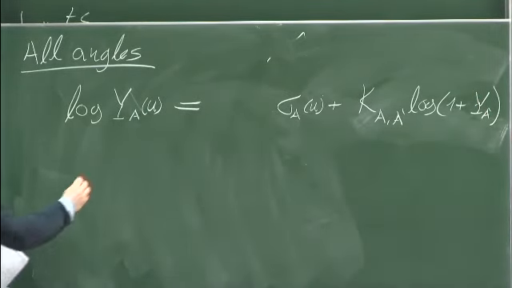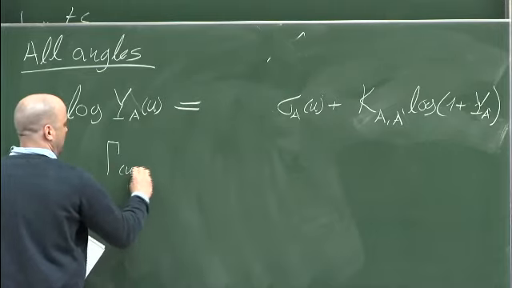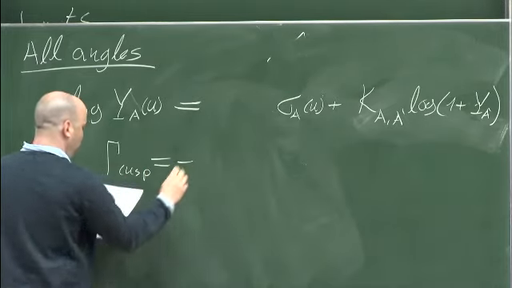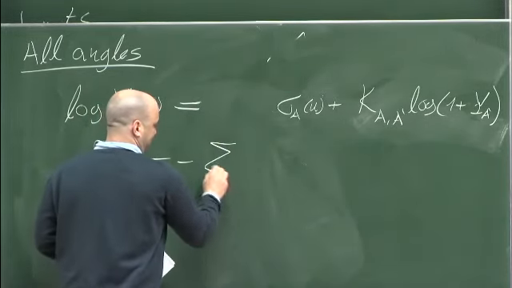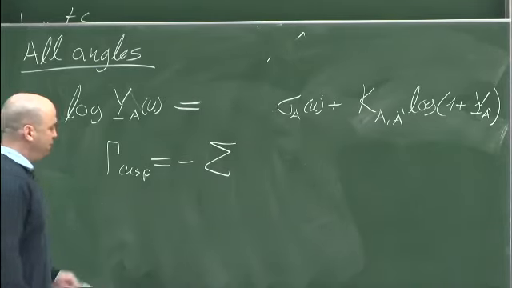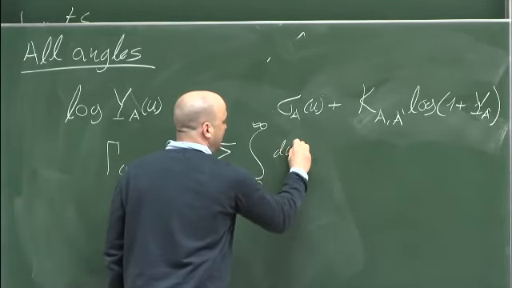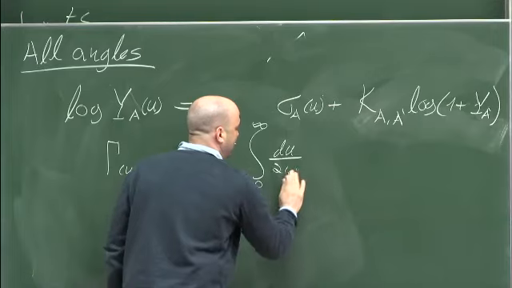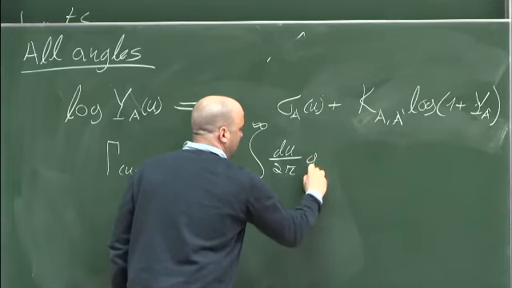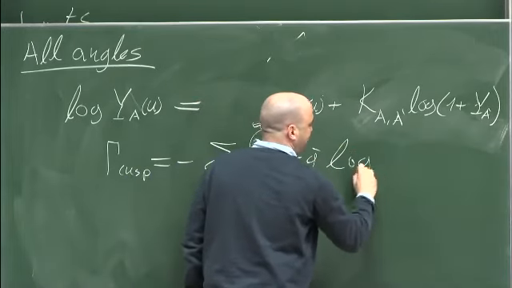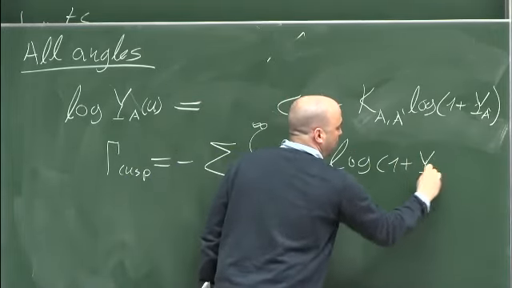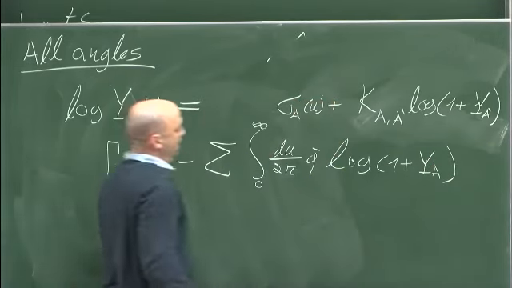And this gamma cusp, or the energy, is equal to minus a sum of such functions, an integral from 0 to infinity du over 2 pi, Q'_a, and again this log of 1 plus y_a.